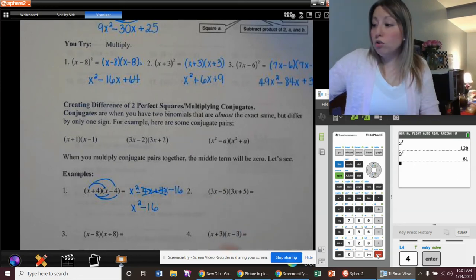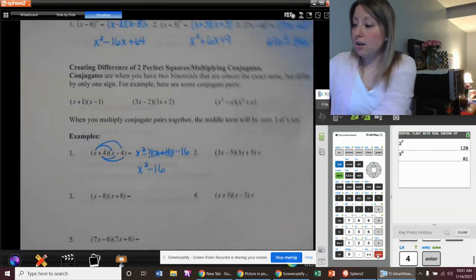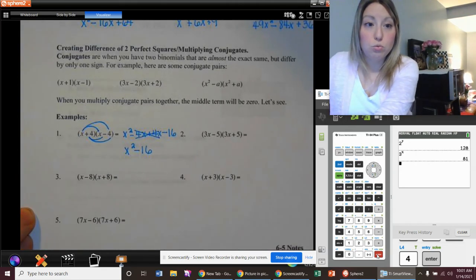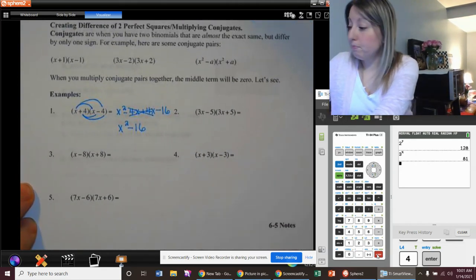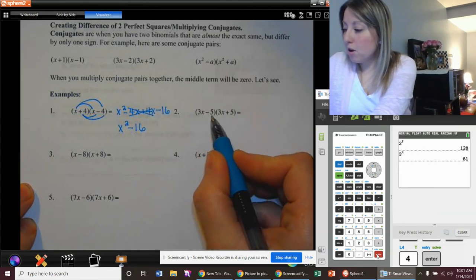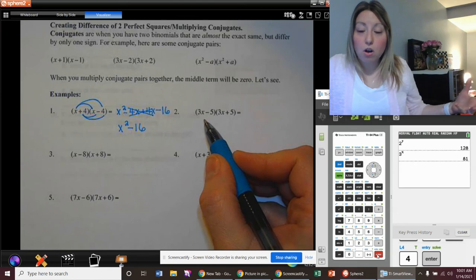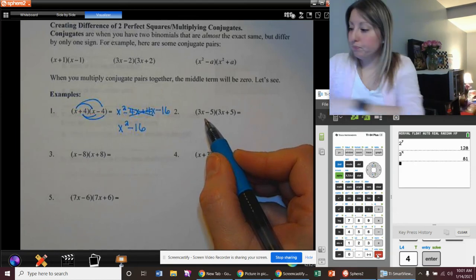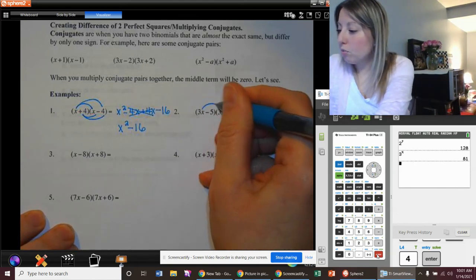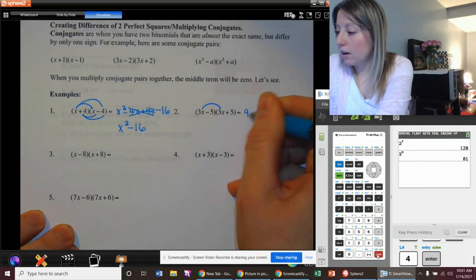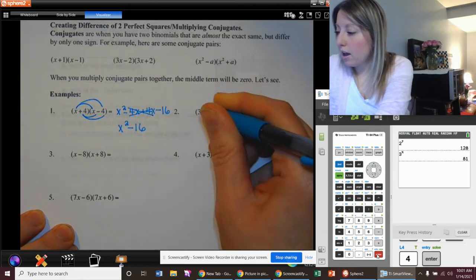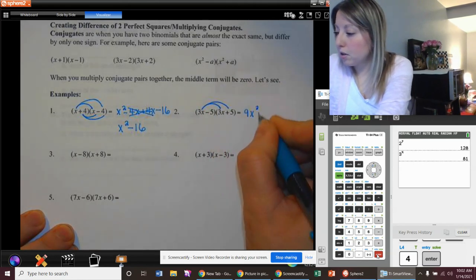I'm going to show you the work on number 2 again, and then I'm just going to start using that hint. Okay, so notice same numbers, different signs between them. So this is going to result in a difference of two perfect squares. 3x times 3x is 9x squared. 3x times 5 is plus 15x.